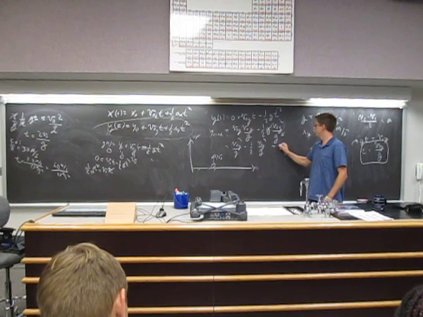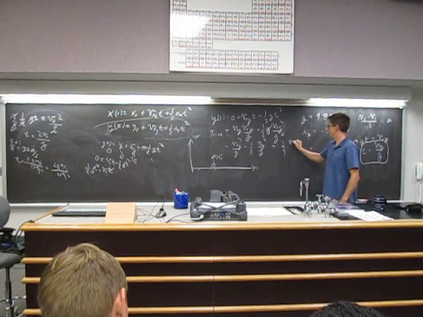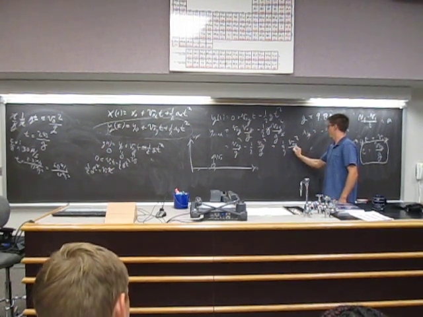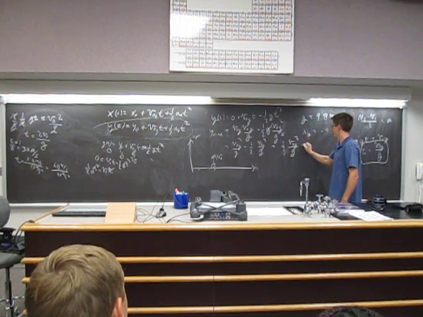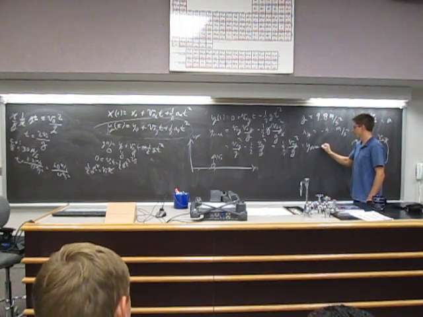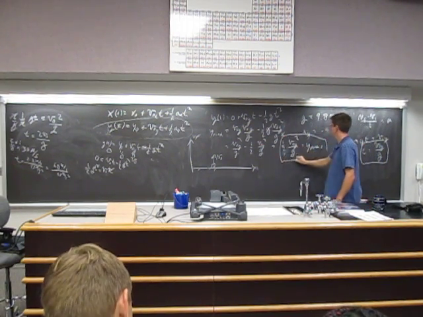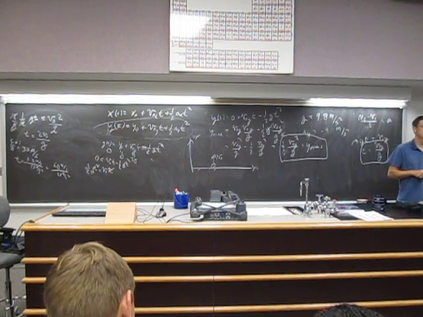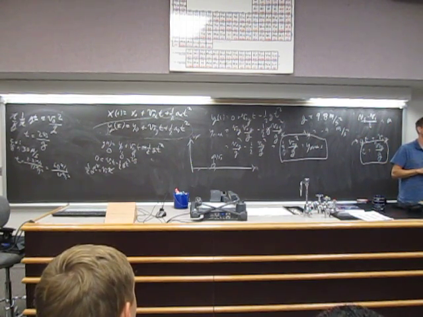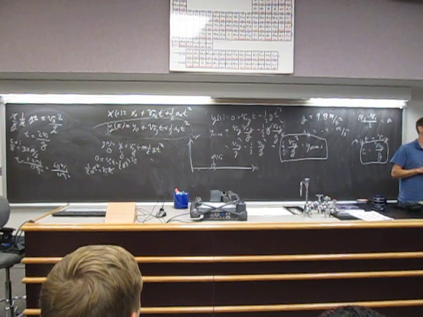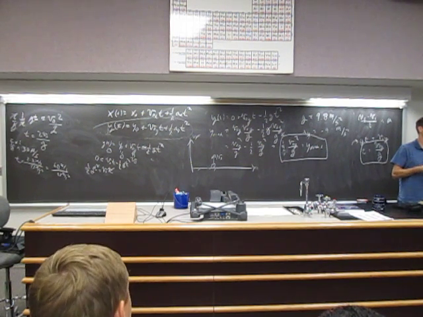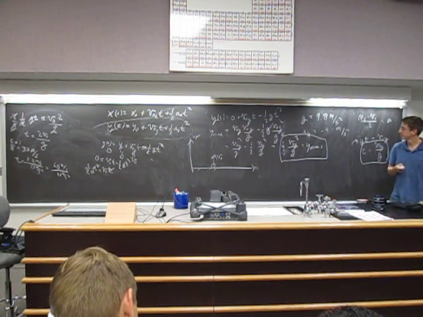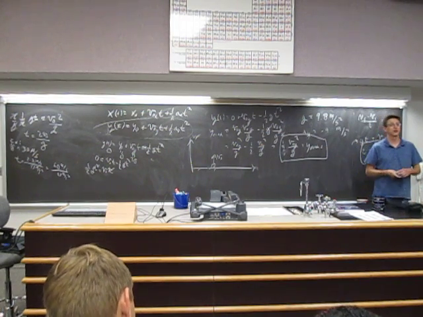So this would be 1/2 v initial y squared over g. So the highest point it'll get to is that. And you could plug in any numbers you wanted.